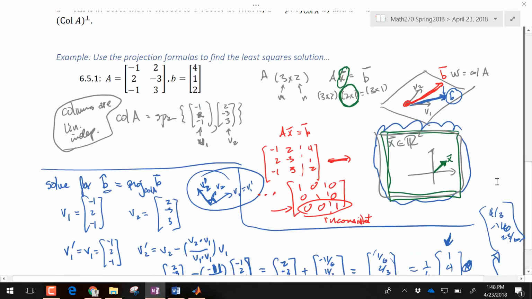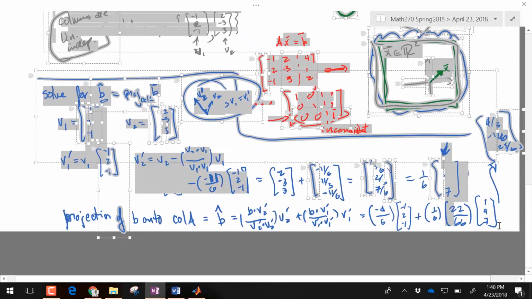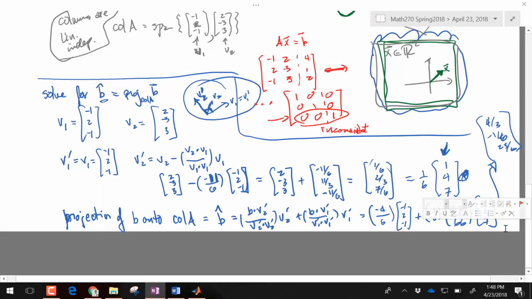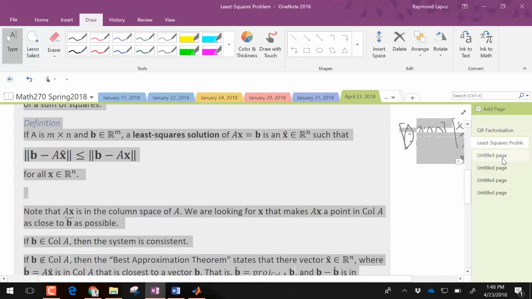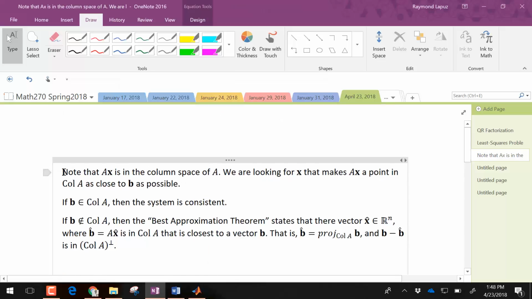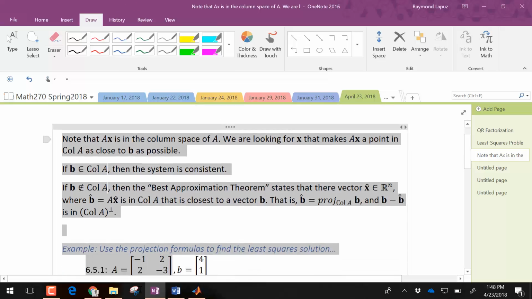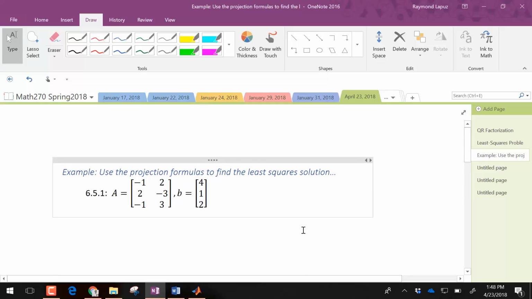I should have done this on a whole new page. Can I? Oh, wait, all the stuff is not here. That didn't work.